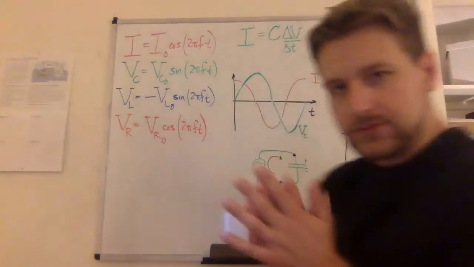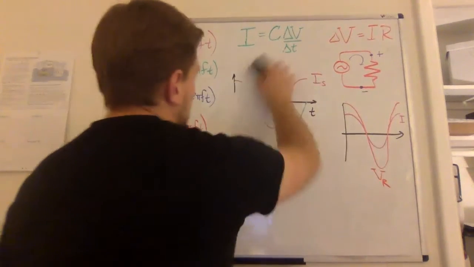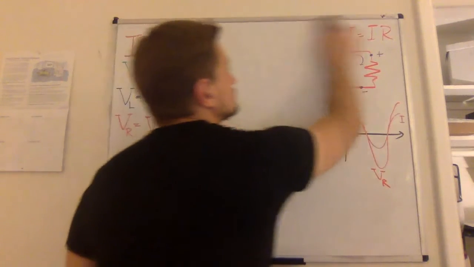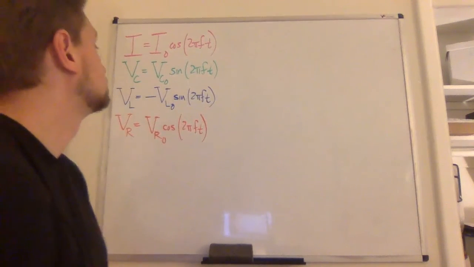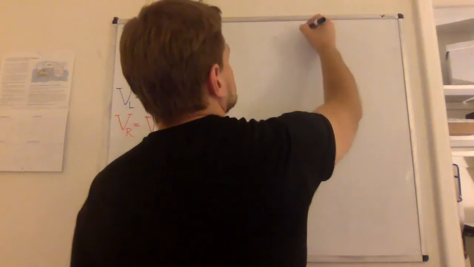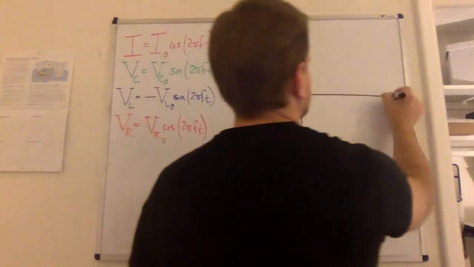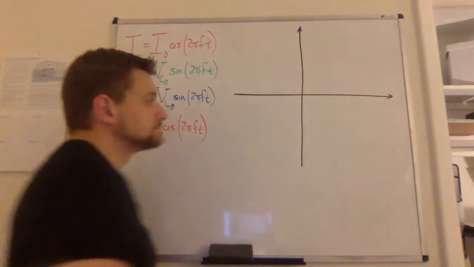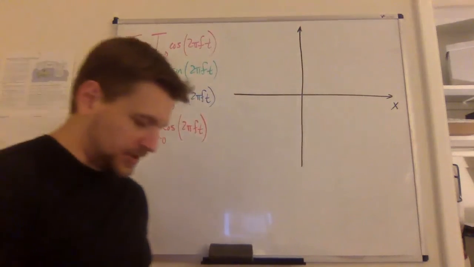The way you keep track of this is to use something that we call a phasor diagram. It's the x-axis we care about.